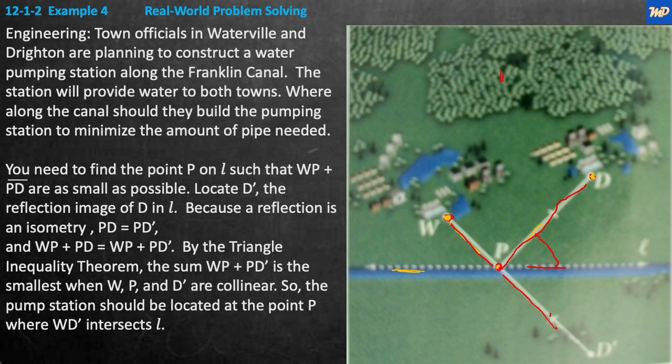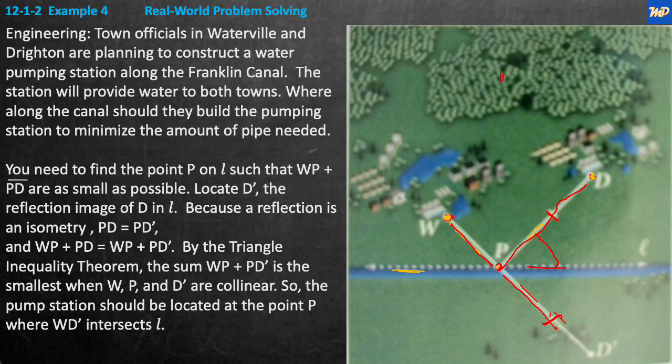And when you do that, they're going to say reflection image D in L. Because a reflection image is an isometry, PD equals PD prime. So this line, and they said right here, they got the hash mark, that these are congruent. The isometry is congruent. So flipping that over, this P to D prime is the same as P to D.